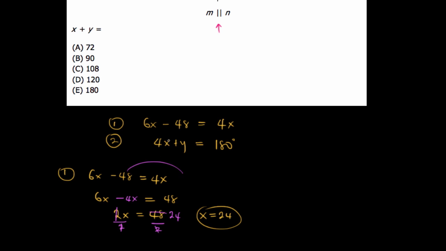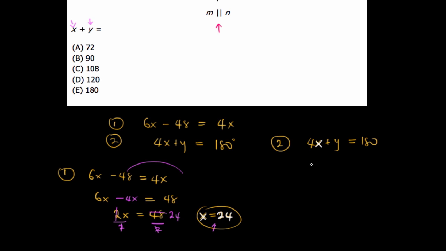Next, from equation 2, I want to solve for y, because the question demands that we find x, find y, then sum them. I already found x, so now I want to find y. From equation 2, we have 4x plus y equals 180 degrees. I've obtained x to be 24, so I substitute that value into the equation.